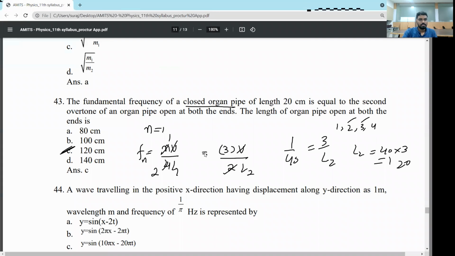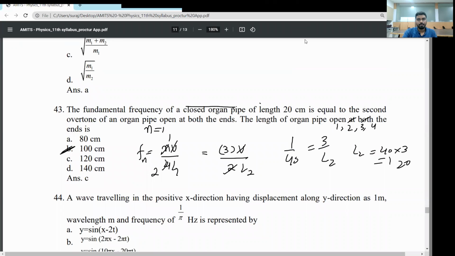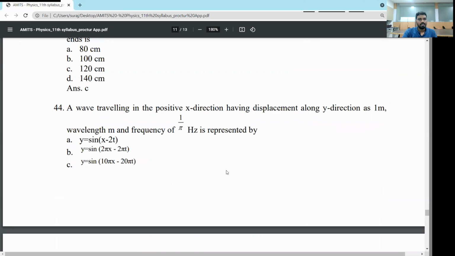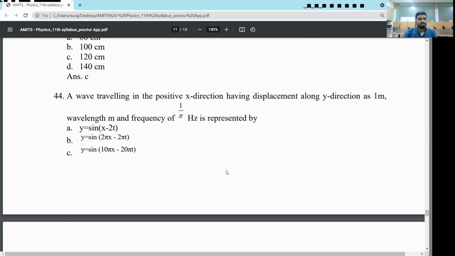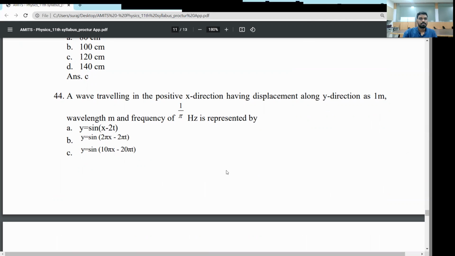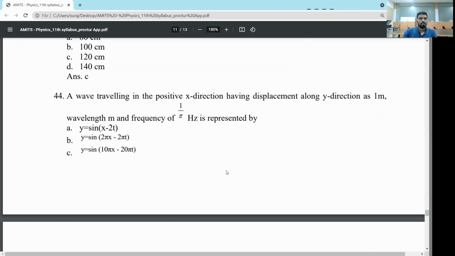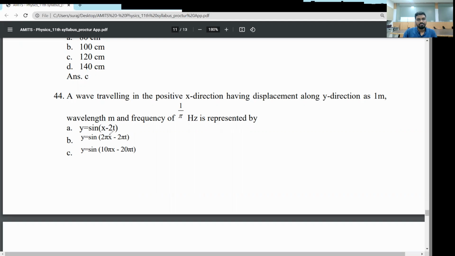Question number 44. A wave traveling in the positive x direction having displacement along the y direction is 1 meter, wavelength lambda, frequency 1 by lambda hertz, is represented by. Positive x direction means the coefficient of x and the coefficient of t should be of different sign.